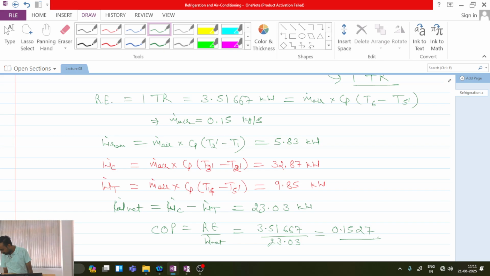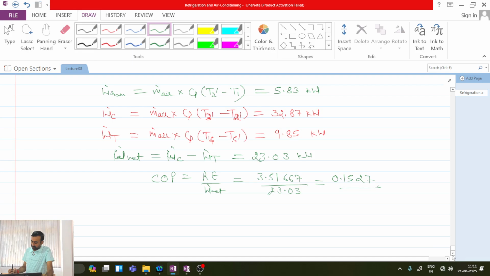Then after this, what else is asked in the question? I think 2 more parts are left. Volume flow rate at the exit of compressor and exit of turbine. We are considering that we are using air standard assumptions. If we are considering air standard assumption, it means we are following the ideal gas equation.